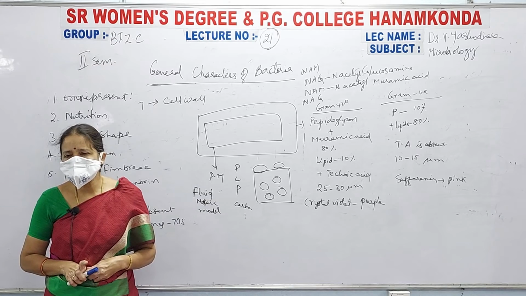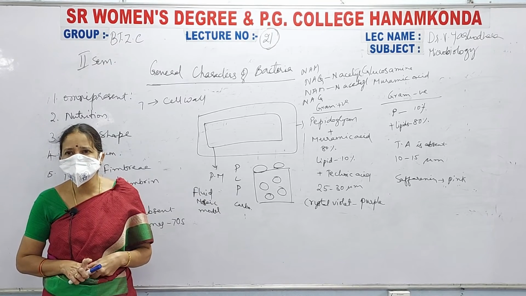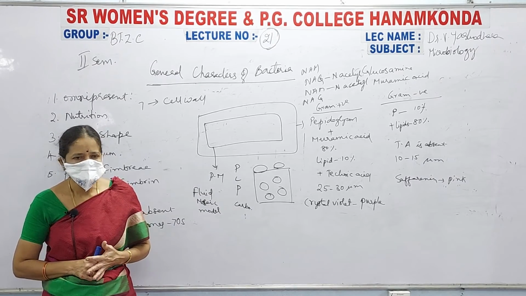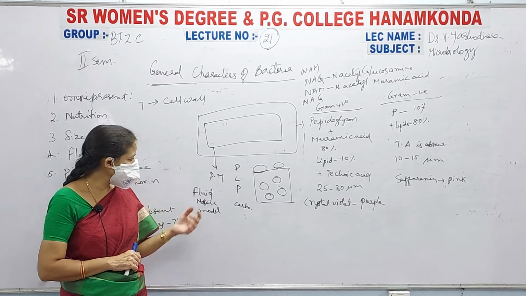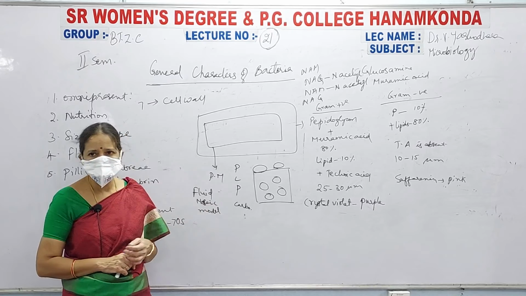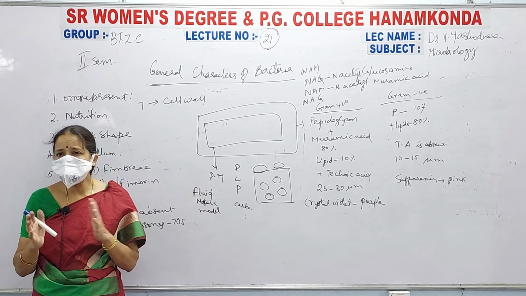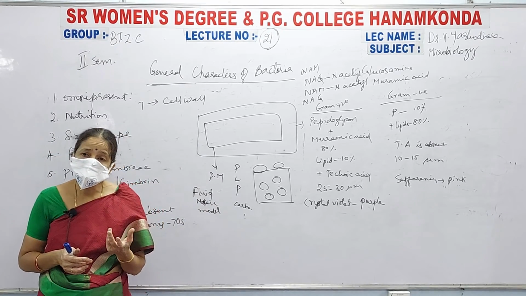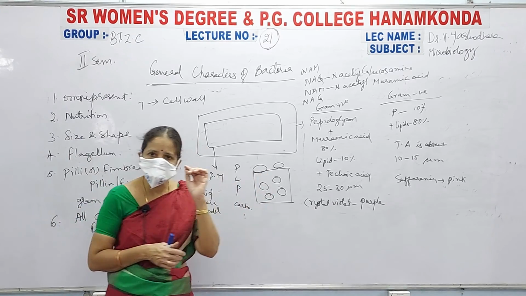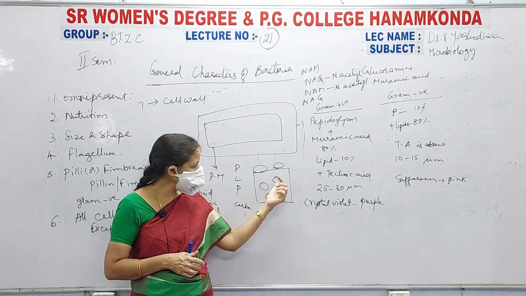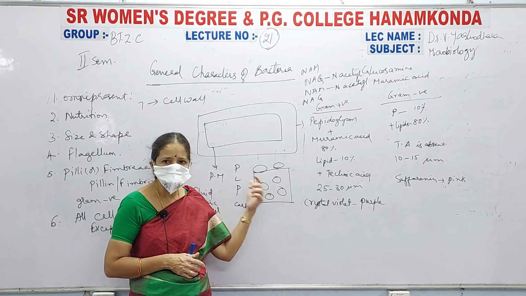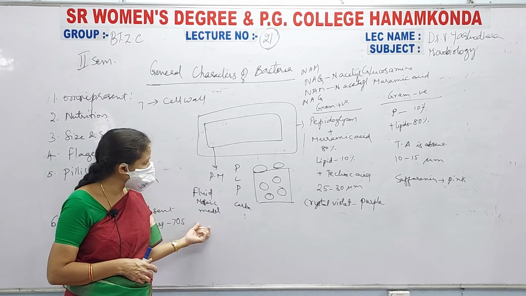It looks just like icebergs floating in an ocean, icebergs floating in a lipid ocean. So it is known as fluid mosaic model, because it is fluid in nature and it has a mosaic nature. What is mosaic? Here and there small dots are there, that are nothing but your extrinsic proteins and intrinsic proteins. So this is your fluid mosaic model.